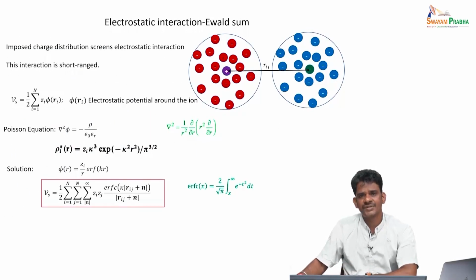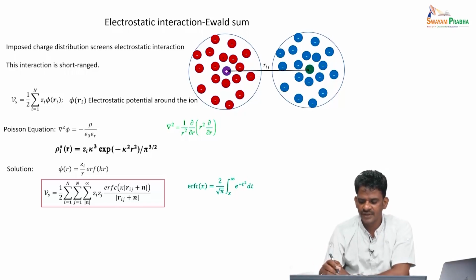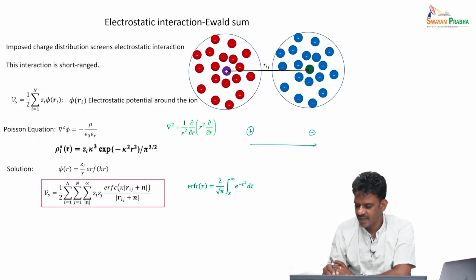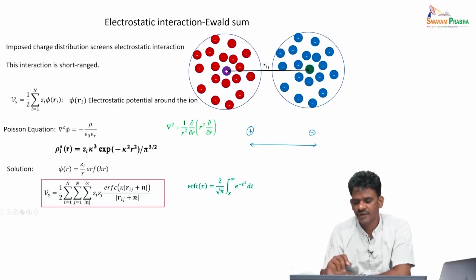So what is the consequence of this? The consequence of having an imposed charge distribution around each ion is that it basically screens the electrostatic interaction between 2 ions. That means, compared to this particular situation where the ions are separated by a distance Ri without any screening, in this new situation where we have imposed a counter ion distribution for each one of them, it would screen the electrostatic interaction between the positive charge and negative charge.